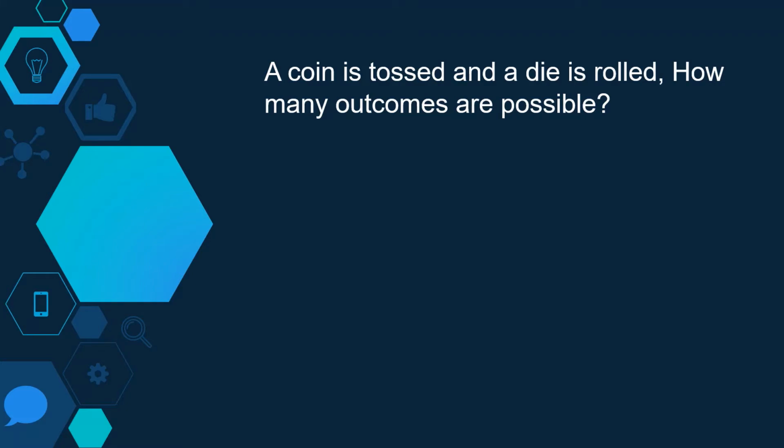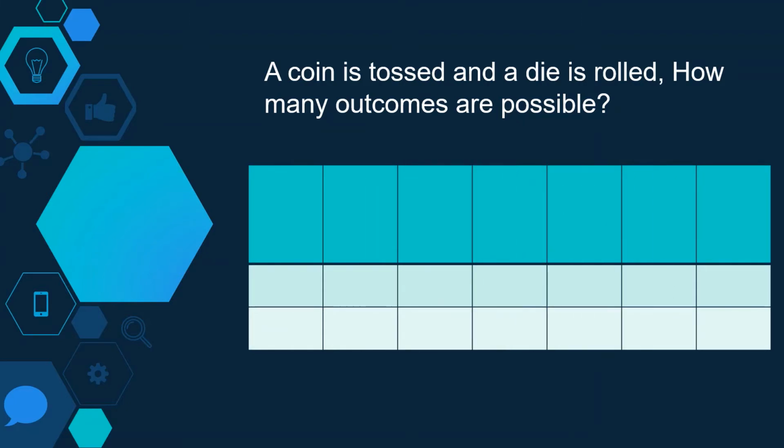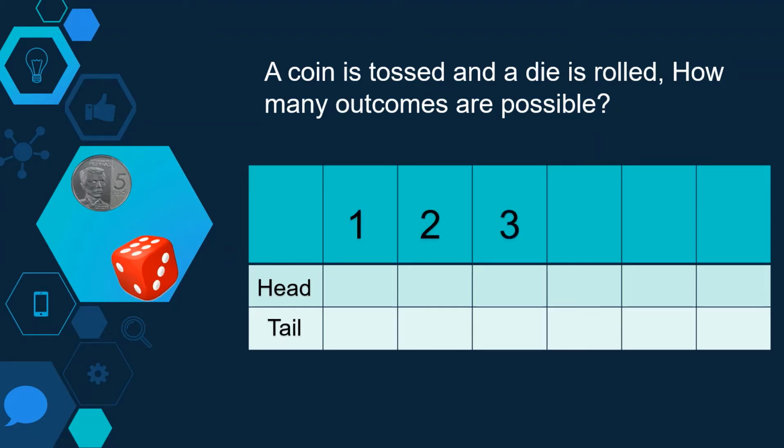How many outcomes are possible? Kailangan gumawa muna tayo ngayon ng table. Sa table na ito, ilalagay natin yung mga possible outcomes. Okay, so halimbawa, in tossing a coin, ang possible outcomes natin ay head and tail. And in rolling a die, ang mga possible outcomes natin ay 1, 2, 3, 4, 5, and 6.